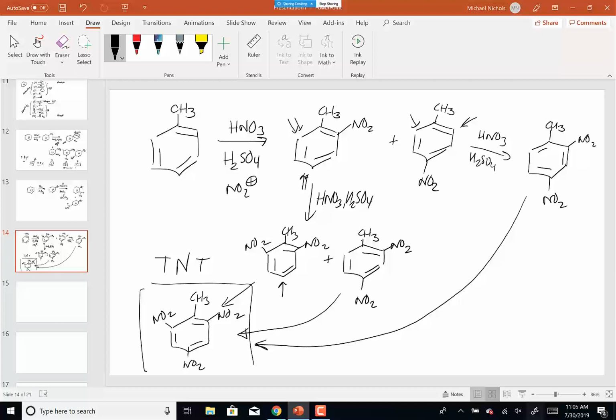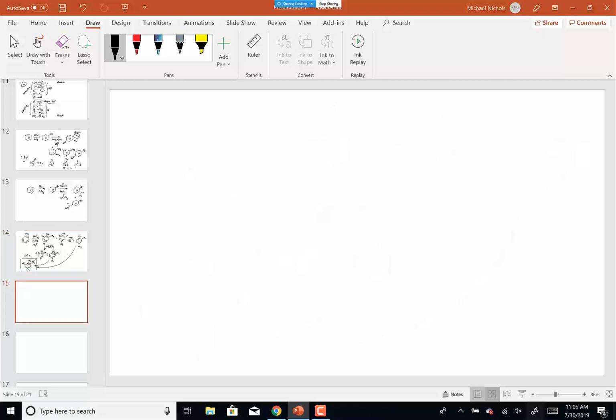So this is an illustration of what happens when the groups point in the same direction, which is the easiest case. So let's go on to a second case where that's not quite the case. How about I put a bromine here, and I put a nitro group here.